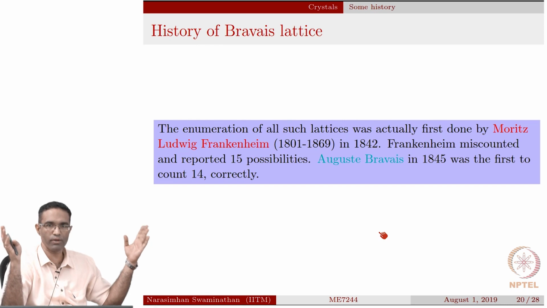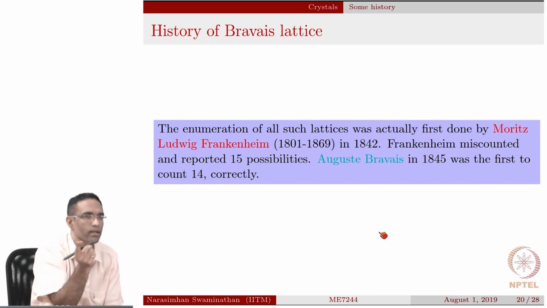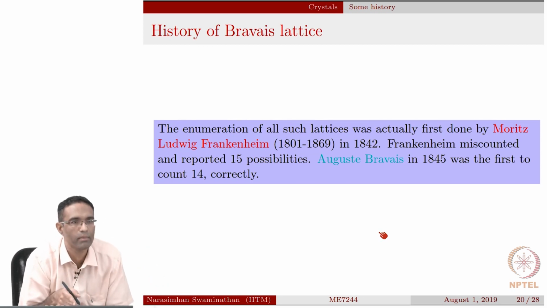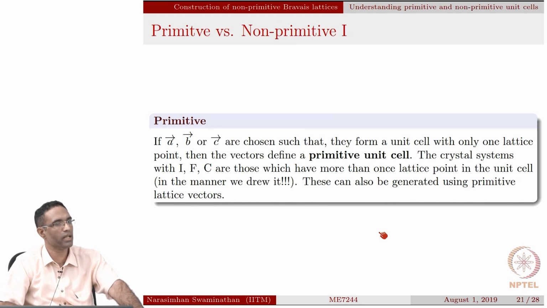He counted one of them 2 times, and then Augustus Bravais came in 1845 and corrected this 15 to 14. But you don't call them Frankenheim lattices, you still call them Bravais lattices. Okay, so that is an interesting history that comes out when you are studying these Bravais lattices.